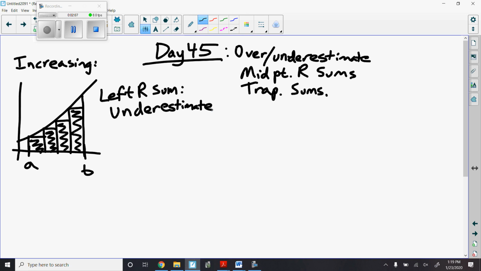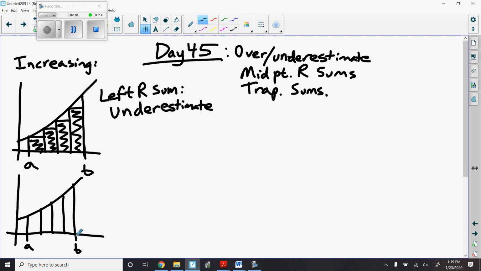Or if we have an increasing function with a right Riemann sum, we have an overestimate.